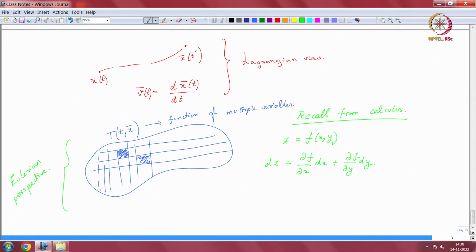Okay. So this is a result that, if you are not familiar with it, I urge you to look up multivariable calculus for this. So now let us see if we have to measure dT.